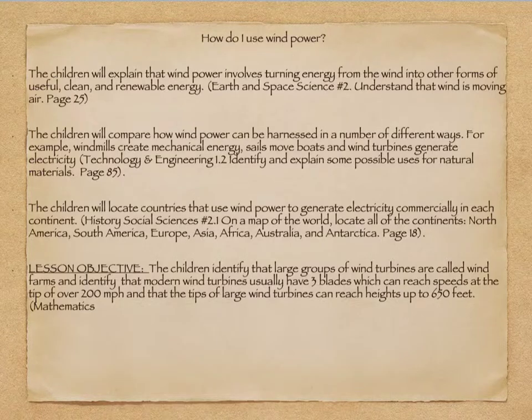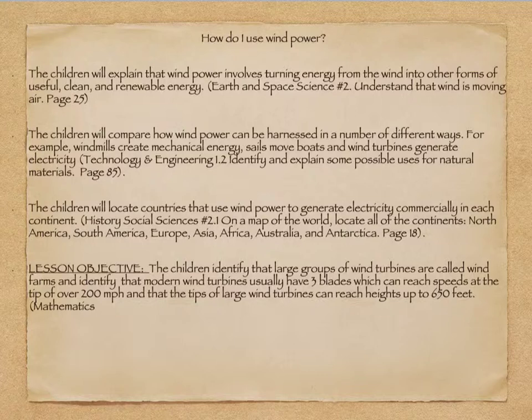For example, if I had selected the essential question from page 2 of your unit planning packet, how do I use wind power, and I wanted to teach this to a group of second grade children, I might have the following 3 unit objectives.